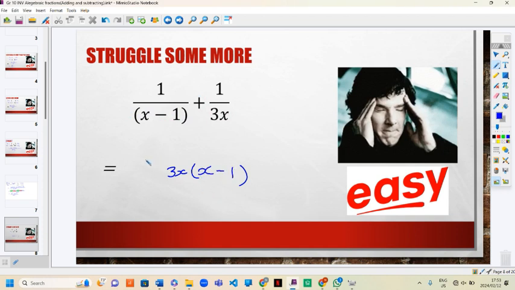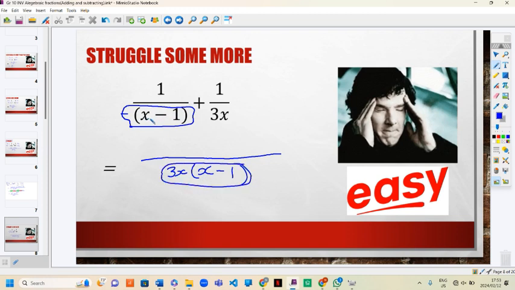Now I ask myself, what did I do to this to get to this? Or you can ask, what is missing here? Here I've got a 3x and a bracket of x minus 1. Here I just have an x minus 1 bracket. If I compare just this and this, what's missing?